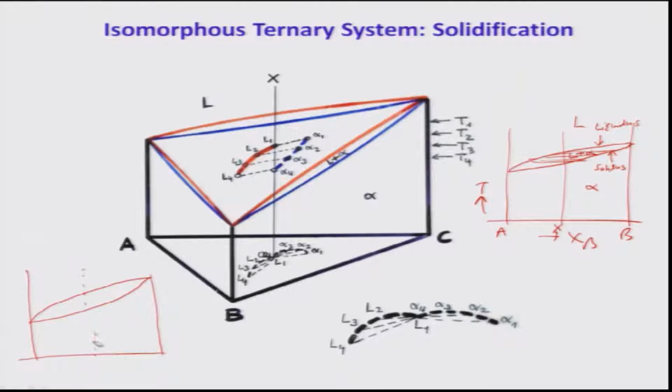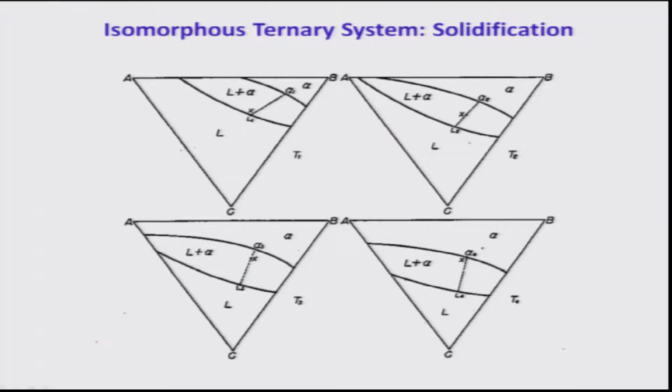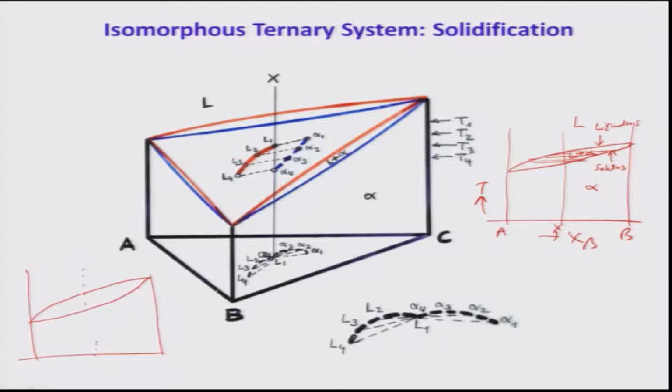Let me draw it properly, otherwise you will also make mistakes. So I draw a line X, and as it touches here I draw a tie line, right. Therefore, the solid which forms has a composition S and the liquid has a composition L, or rather, alpha 1 and L1, correct. So, that is what is shown here.